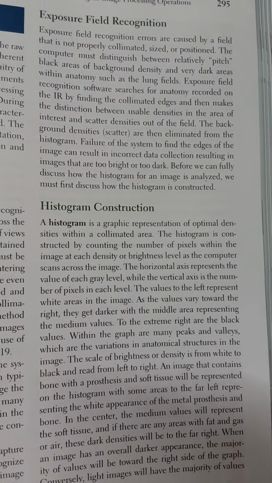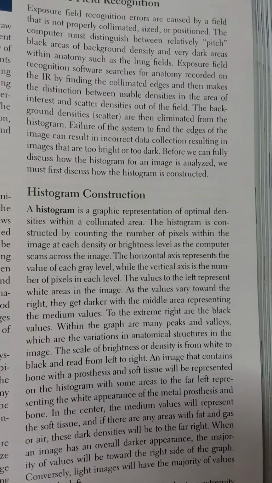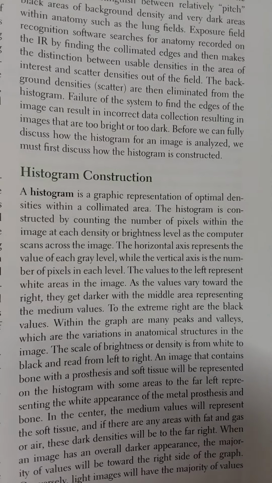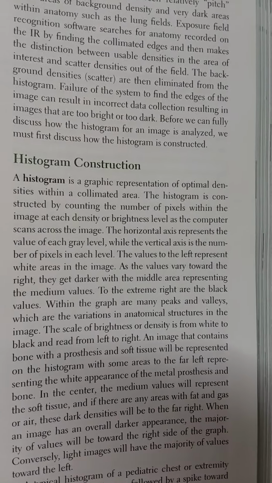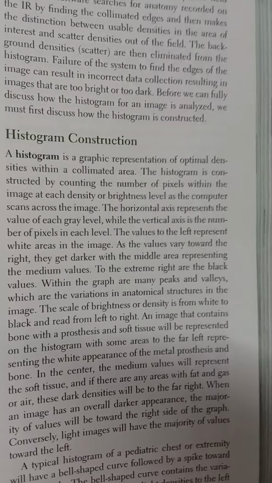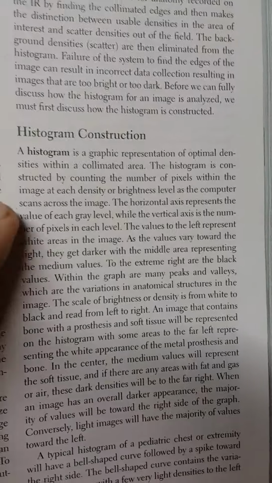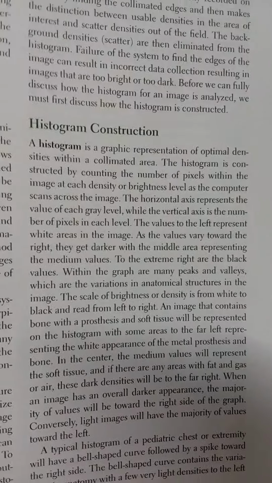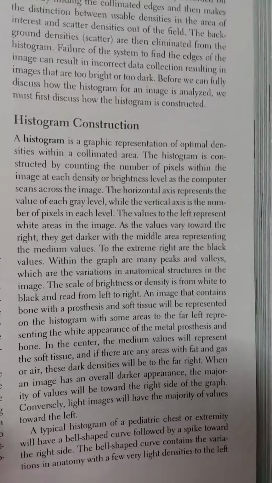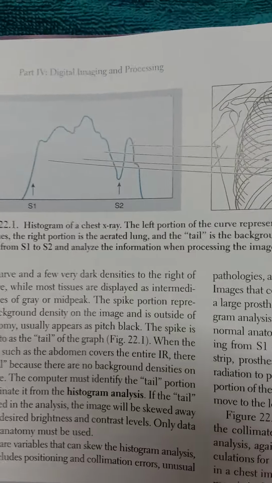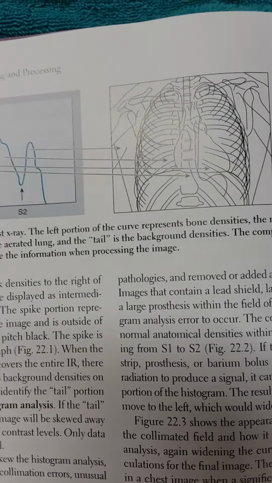That leads us to the next thing called histogram construction. And a histogram is just a graph of the image data, the brightness levels and the gray shades and so forth that are seen in the image. And the computer takes that and constructs a graph of it that looks something like this if you looked at it in the computer. And this shows a chest x-ray, as you can see here.